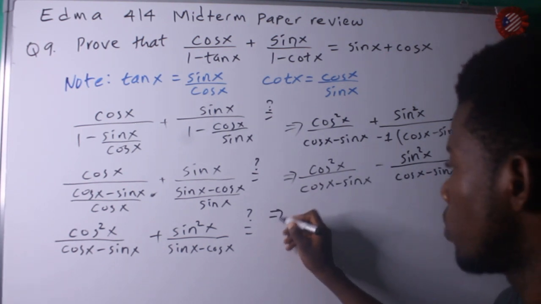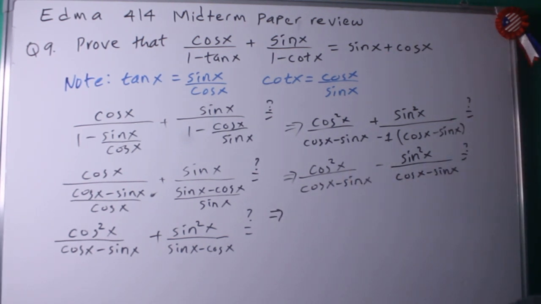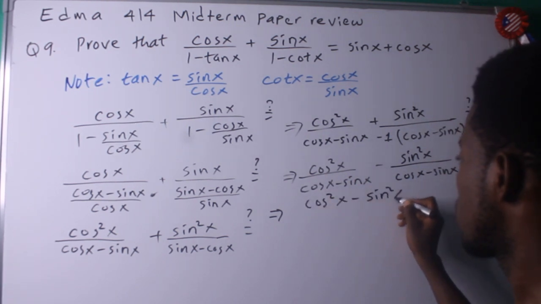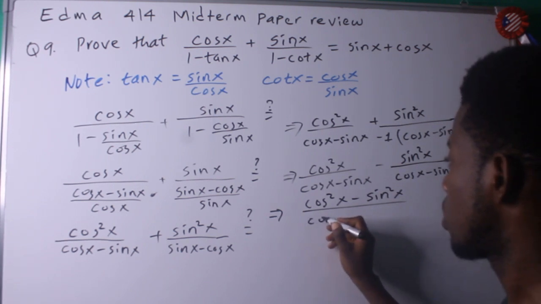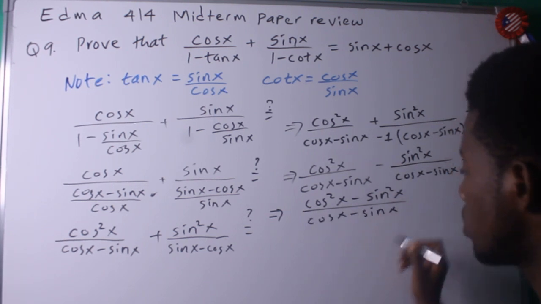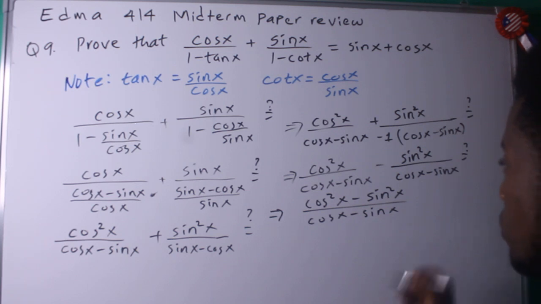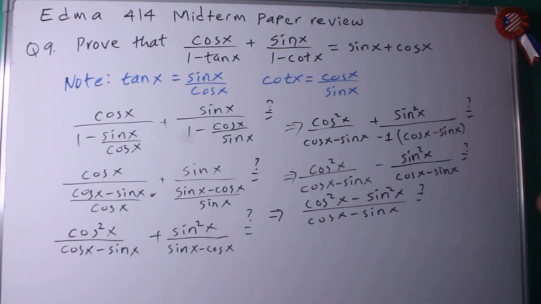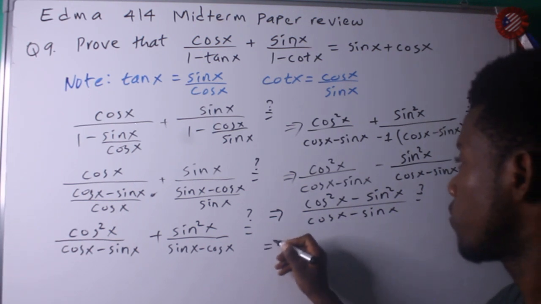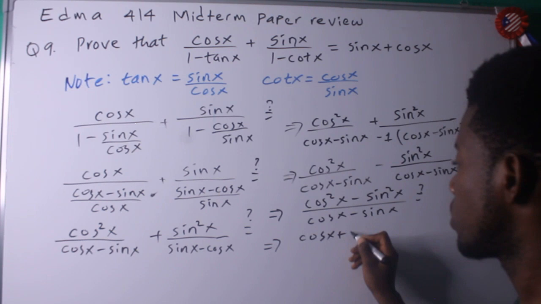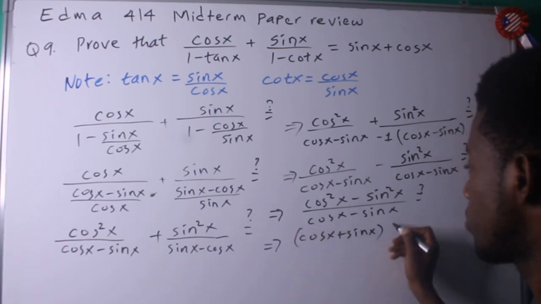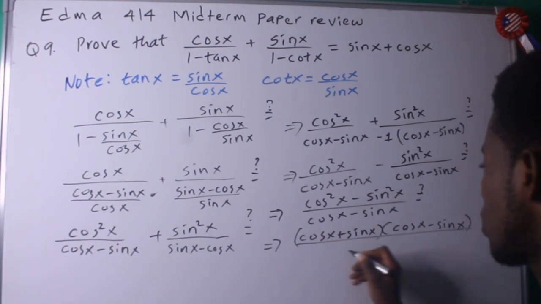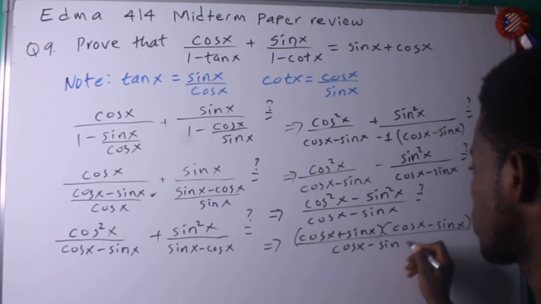Once we have this, we can take one denominator and subtract the numerators. So we have cos squared x minus sin squared x all divided by cos x minus sin x, because the denominators are now the same. Remember, difference of two squares: cos squared x minus sin squared x is cos x plus sin x times cos x minus sin x. So we have cos x plus sin x times cos x minus sin x all divided by cos x minus sin x.